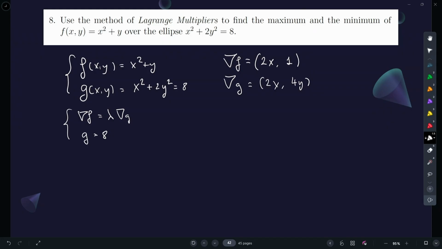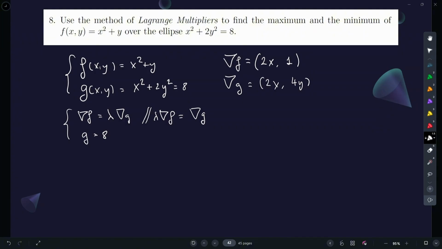Now, by the way, the lambda can be on either side. So if for whatever reason you want the lambda on a particular side of the equation, so you don't have to work with 1 over lambda and things like that, you can set this as lambda nabla f is nabla g. Okay?